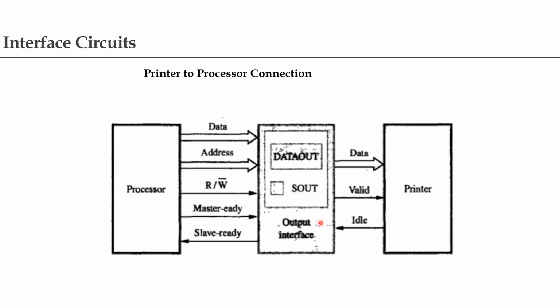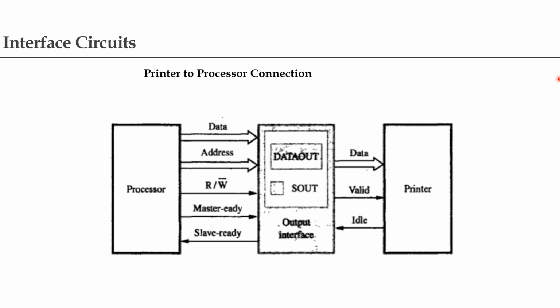If a USB port is used, the processor sends data packets using the USB protocol. The printer interface circuit receives the data and converts it if necessary. The interface also manages control signals to ensure data is correctly synchronized with the printer's operation.